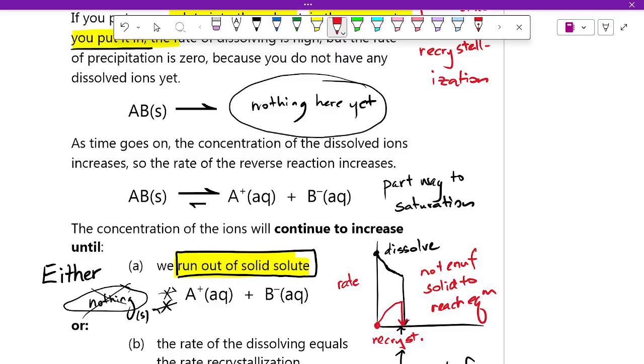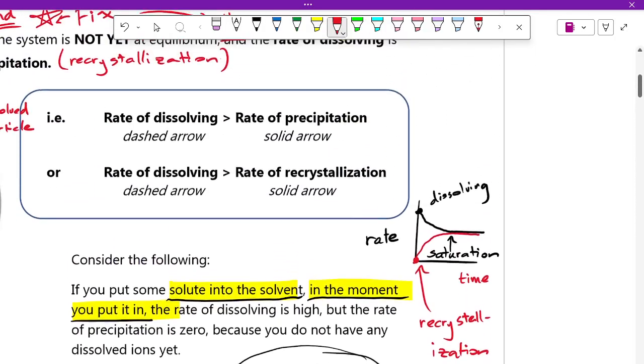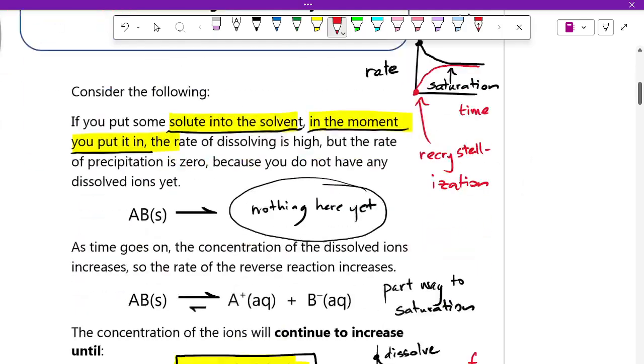You are not going to have to draw this graph. Okay? It's just there to sort of illustrate to you. It's like, yeah, we're dissolving and then we ran out of solid. Or if you had enough solid, then the graph will continue until you reach equilibrium, just like we saw up there, okay?